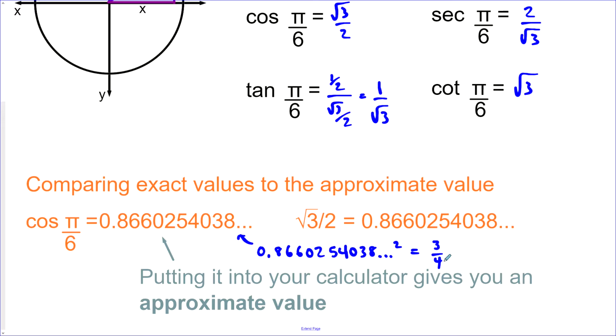Now from this, it's not 3 over 4, but from this we can figure out what it should have been. If we square it, to get back to the original, we need to square root it. So that means that it's really like this. And if we square root it, simplify that, we get the root 3 over 2. So we can actually determine these using our calculator and a few math tricks.